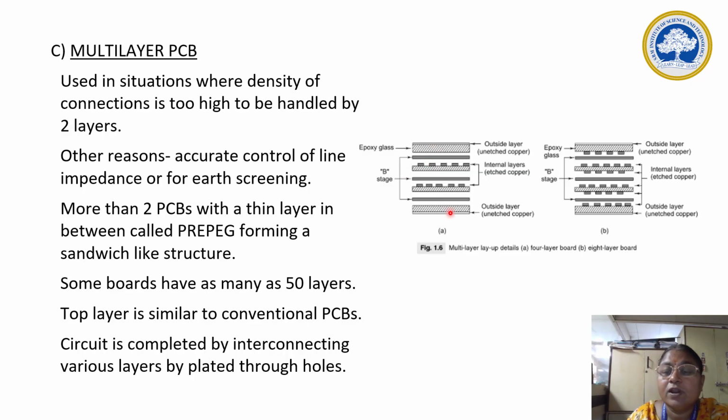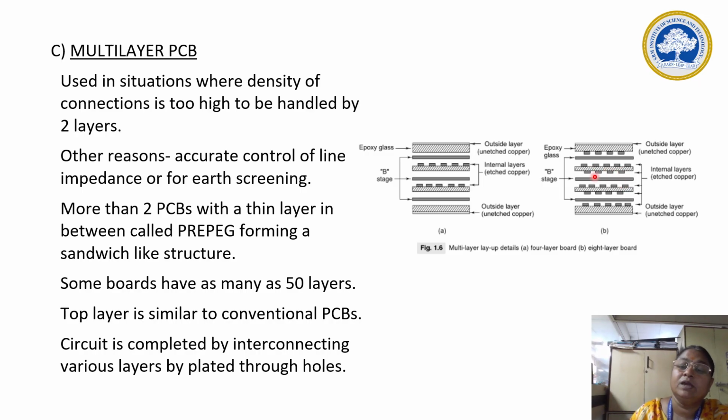If it is a 4-layer board, we can consider this pattern. If it is an 8-layer board, we can go with this type of pattern. In the 4-layer you have the outside layer projecting on both the sides, and in between you have 2 internal layers. But with 8 layers, the internal layers would be on both the sides.